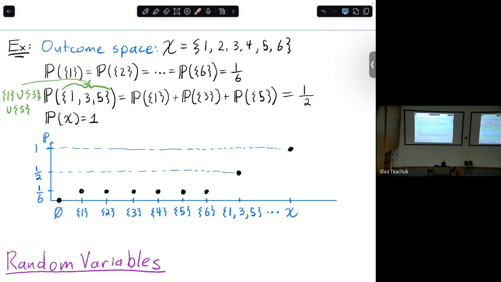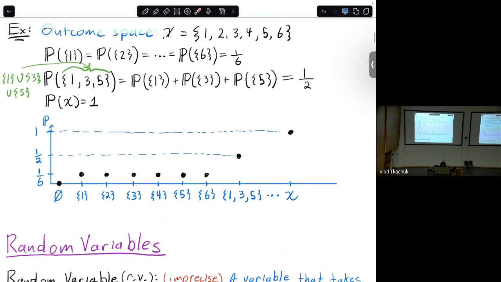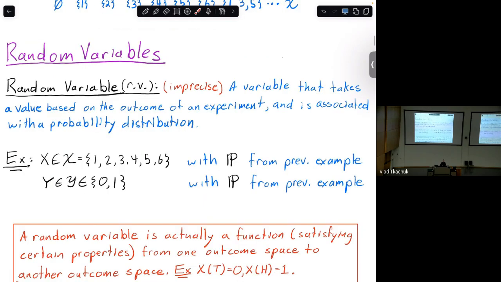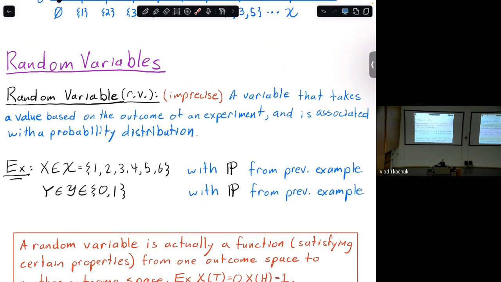And this is to be interpreted as reading the probability that your random roll belongs to this set, like 1, 3, or 5, and so on. So roughly speaking, that's the motivation for defining a variable for your random roll or your random outcome. And this is going to be called the random variable.